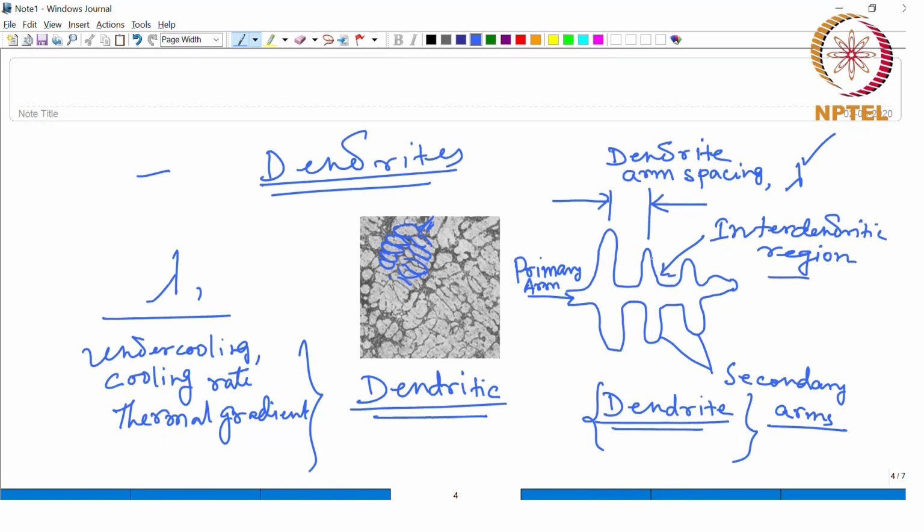Okay. So, the region which will solidify the last will have all these rejected solutes as the segregation, right. So, you can expect that the interdendritic regions will have segregation. Okay.